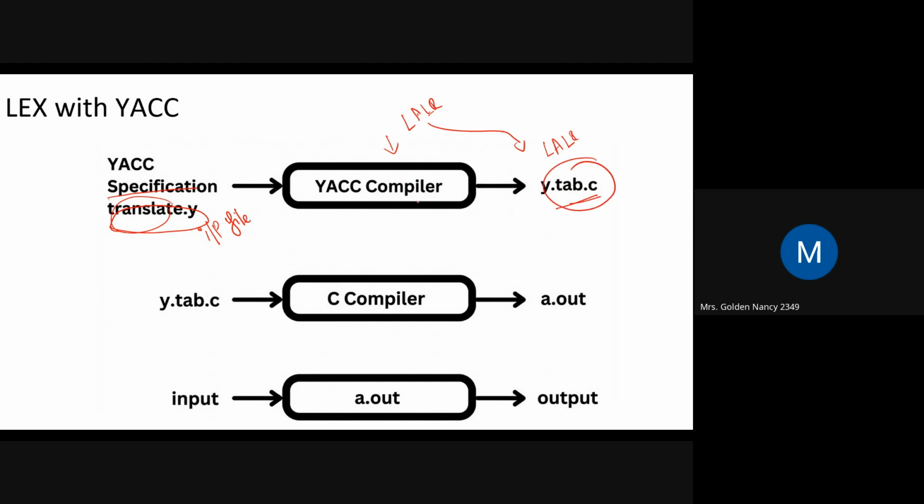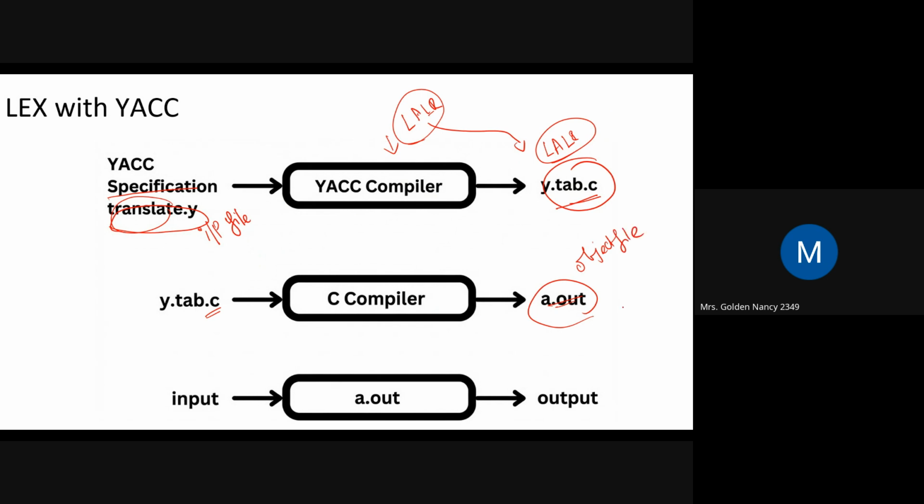So when you give an input file, it undergoes LALR parsing and gives you the LALR output. That is what is actually happening, but we are calling it the y.tab.c file. After that, the y.tab.c file enters the C compiler, because it is a C file, where you will get a.out. What is a.out? a.out is an object file.